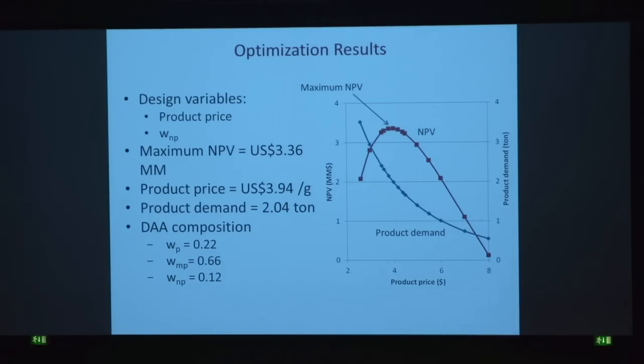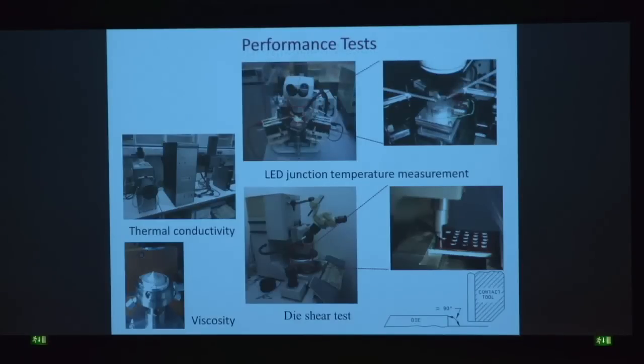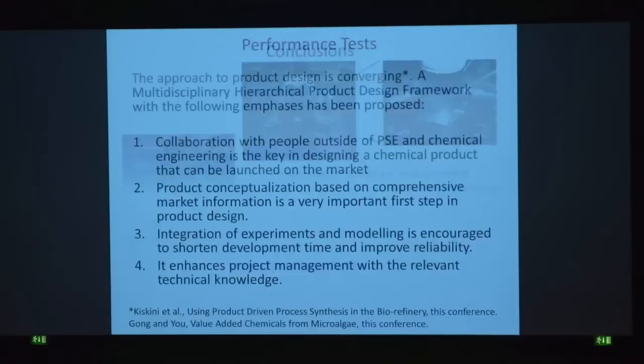I was really happy to learn that the composition is not that far from what the chemist proposed to me when we decided what to sell. So it's amazing that using common sense and the computational effort that we put in, they do agree. Now, by the way, it's not emphasized, but when we make a commercial product, the product quality is exceedingly important. So we went through all the ISO tests in order to sell the product, and that is indicated there.